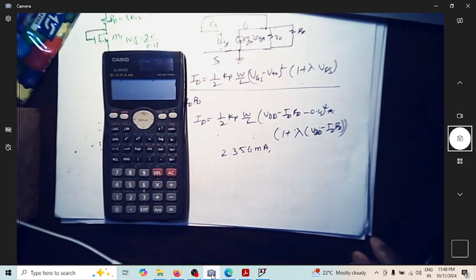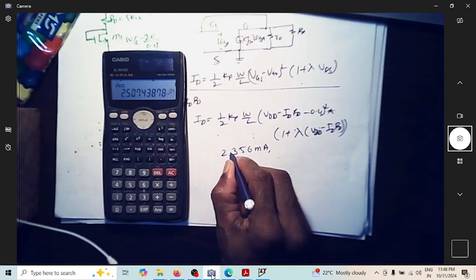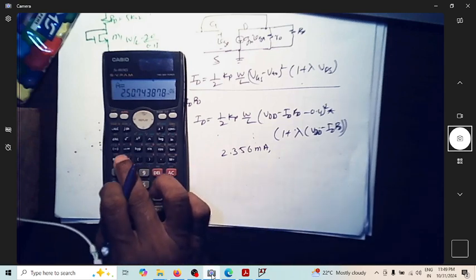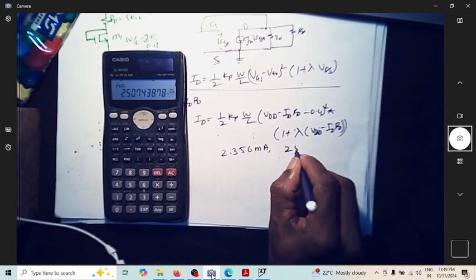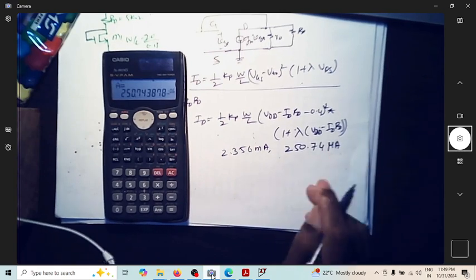The other value is, let us see how much is the value. So one is 2 point this and the other one, if I say in engineering notation, is 250.74 microampere.